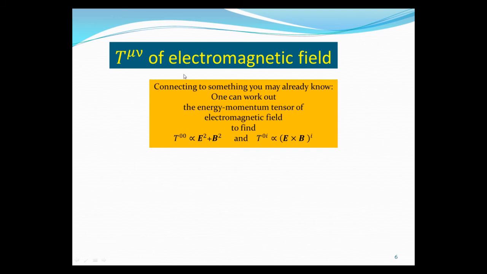Now, with all these things you may say, I haven't worked with the energy momentum tensor before, but I want to connect to something you already know. If you work out the energy momentum tensor of the electromagnetic field, I'm not going to work it out here, meaning you're finding the expression of T mu nu in terms of the electric field and magnetic field, you'll find T00 is simply E squared plus B squared.